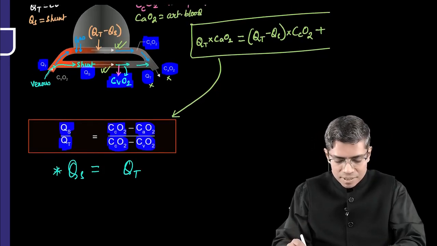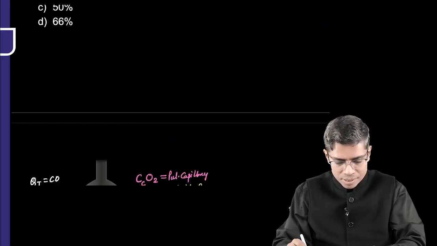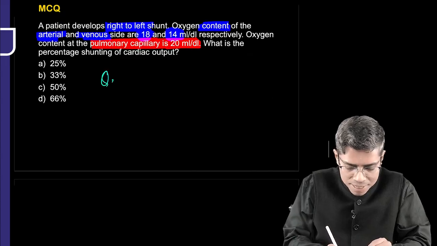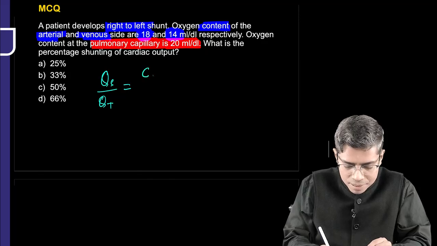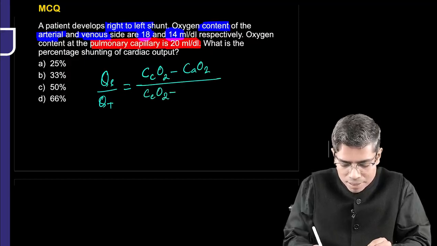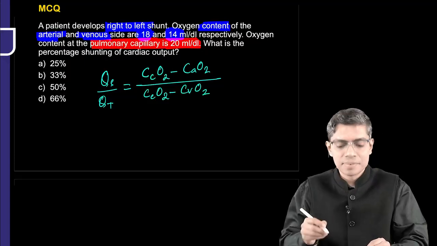So here I am writing the same equation, QS upon QT equals CcO2 minus CaO2 upon CcO2 minus CvO2. Very simple, right?